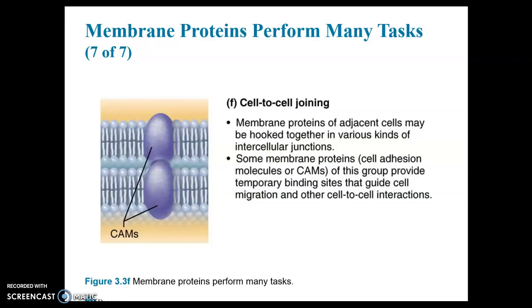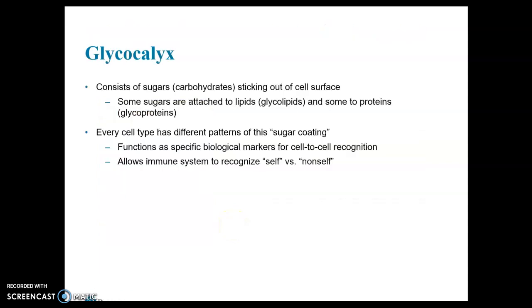And then we have cell junction proteins, and these help join cells to other cells. These cell junction proteins contain CAMs, or cell adhesion molecules, and what they can do is allow the cells to adhere or connect to one another to form tissues.